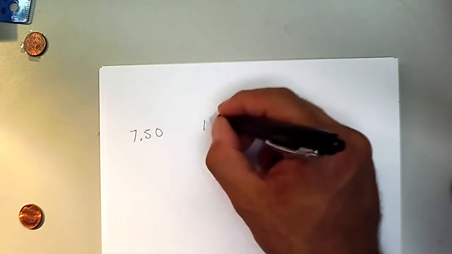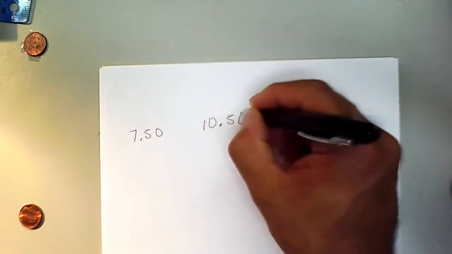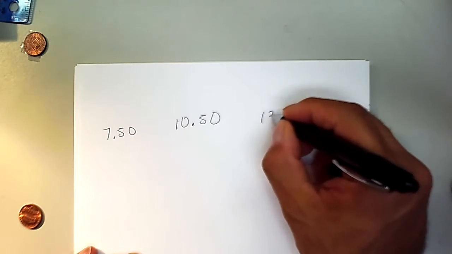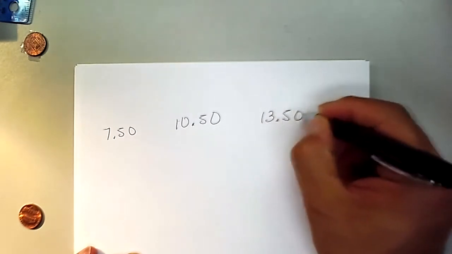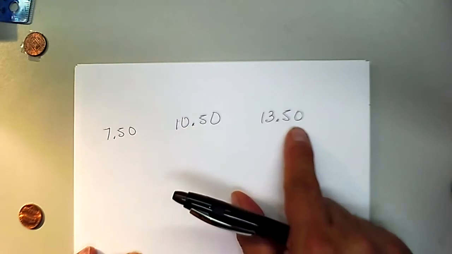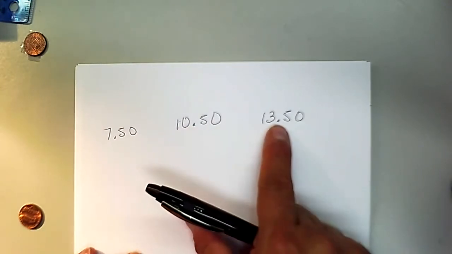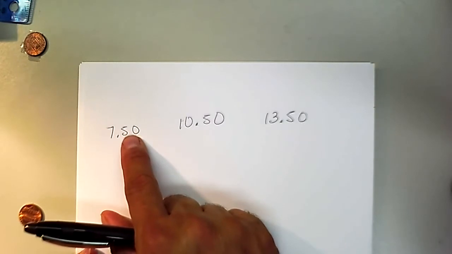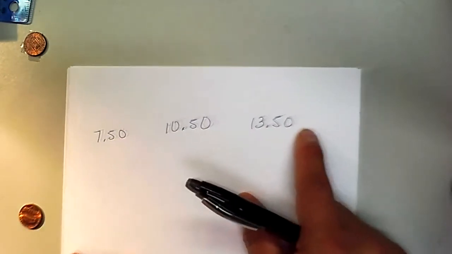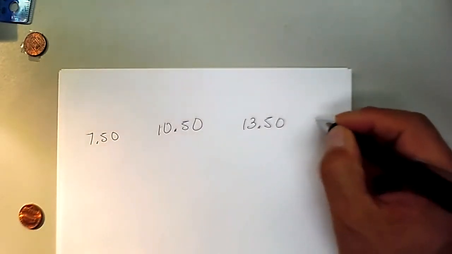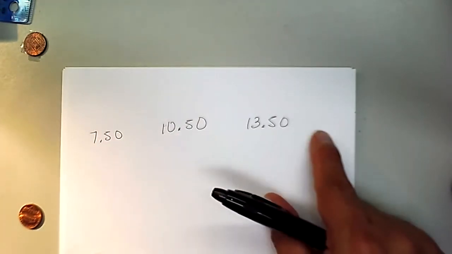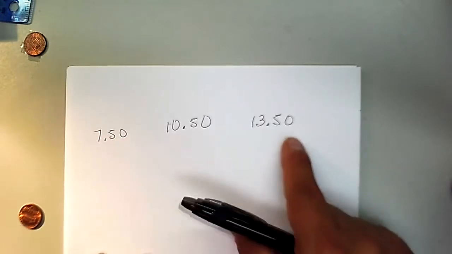The next year we would be making $10.50, and the next year $13.50 per hour, and so forth. So that increases very quickly. By the time we are here, that is almost double this. And then the next year, 16, so that's more than double. So this is a very steep slope. 3 in this context is very, very steep.